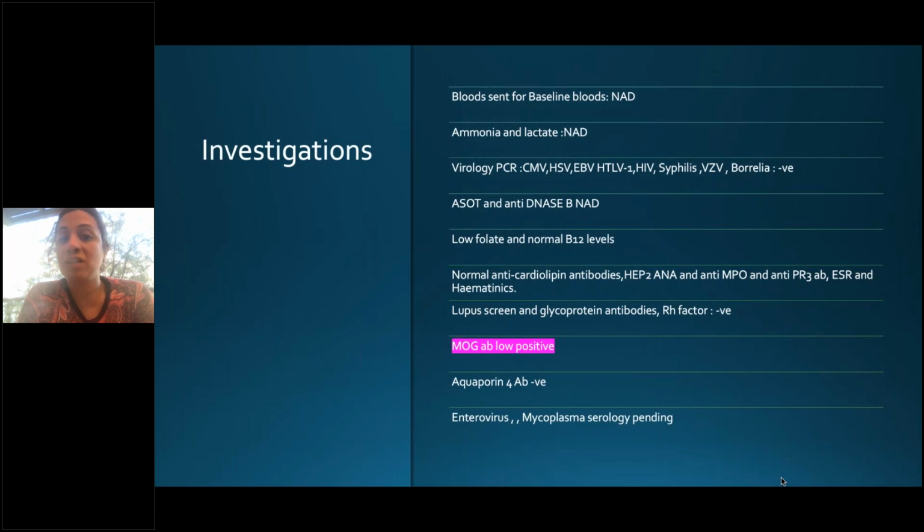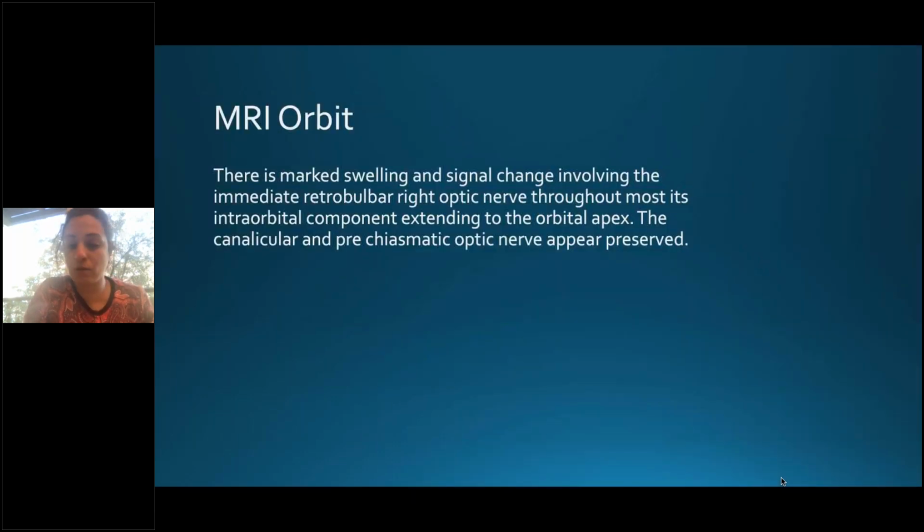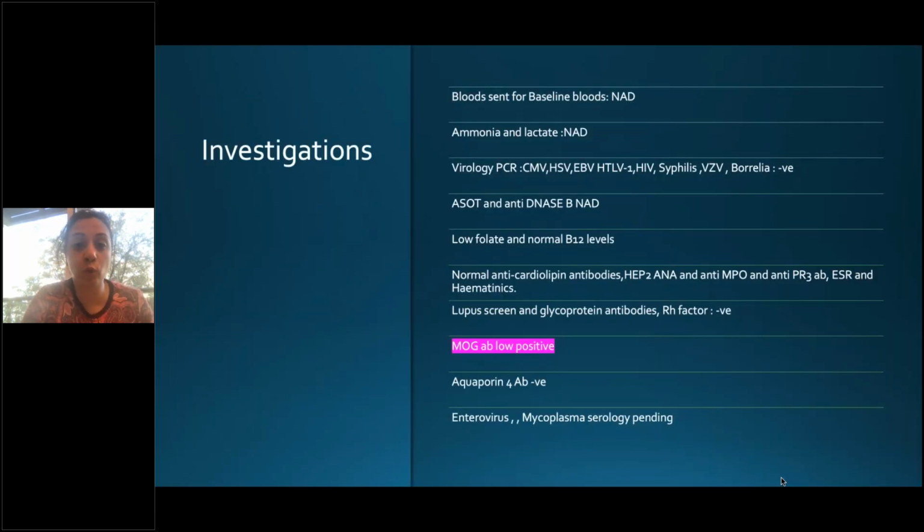We sent virology PCRs for herpes virus, cytomegalovirus, EBV, Lyme's disease, everything was normal. We did some testing for an ASOT and anti-DNase-B that were normal for strep. She had a lupus screen that was normal and also autoantibodies that were all normal.